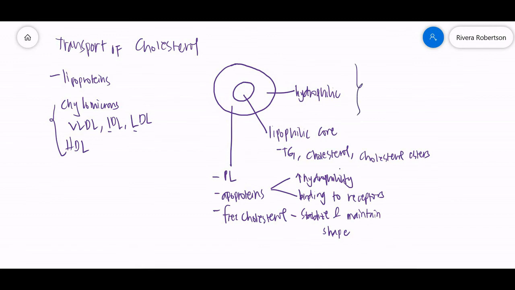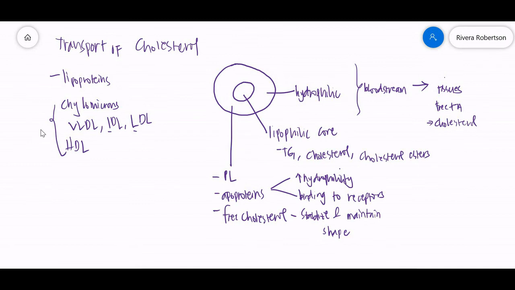Your lipoproteins enter the bloodstream and reach the tissues where the contents are utilized. For example, your triglycerides are converted into free fatty acids for fuel metabolism, and your cholesterol is utilized for the biosynthesis of membranes, as well as your steroidal hormones and your vitamin D.